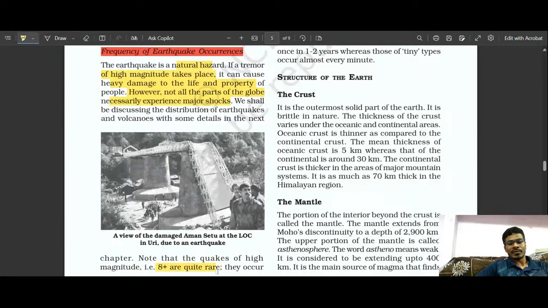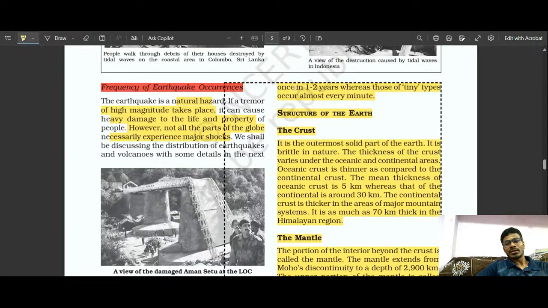Note that quakes of magnitude 8 plus are quite rare, and if one occurs, it is quite devastating.